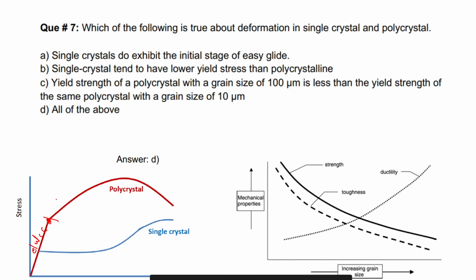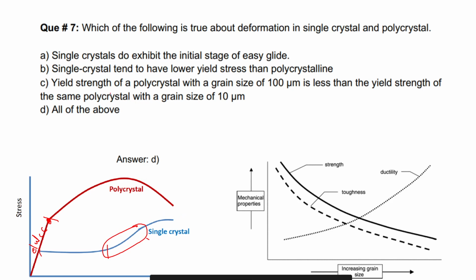Same thing is also happening in the single crystal, but in a very smooth way. From here to here is the initial stage, and here the strain hardening is happening. Then yielding, like this higher part.